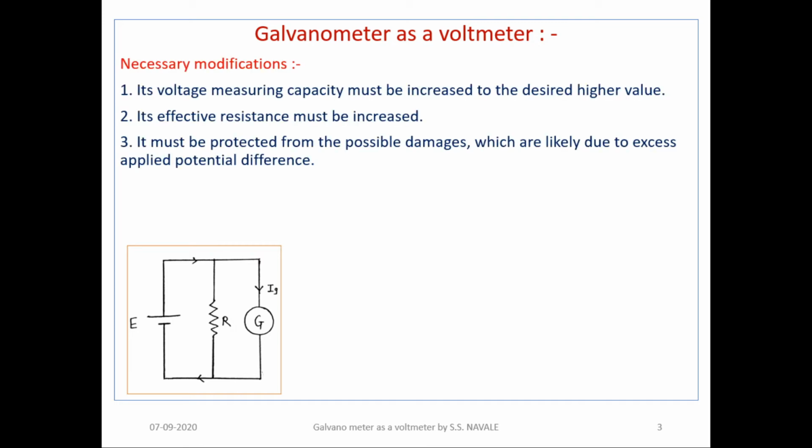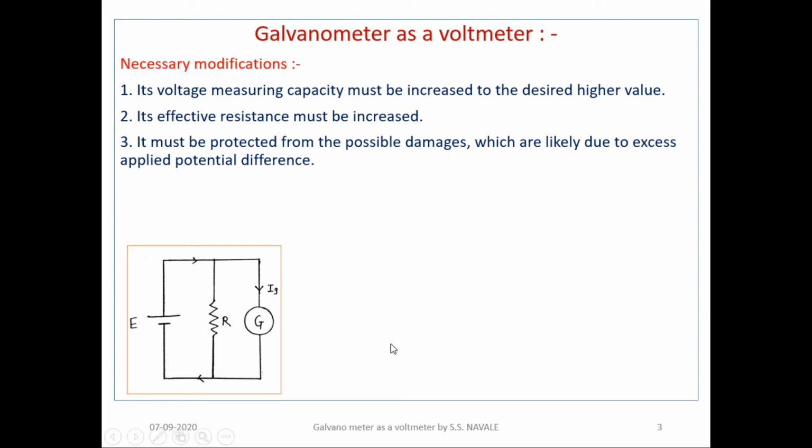So there are some modifications when we use a galvanometer as a voltmeter. First, its voltage measuring capacity must be increased to the desired high value. Second, its effective resistance must be increased. Third, it must be protected from possible damage.